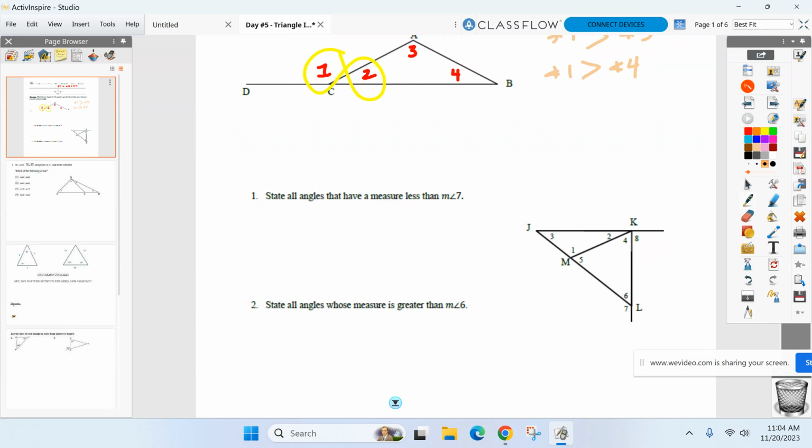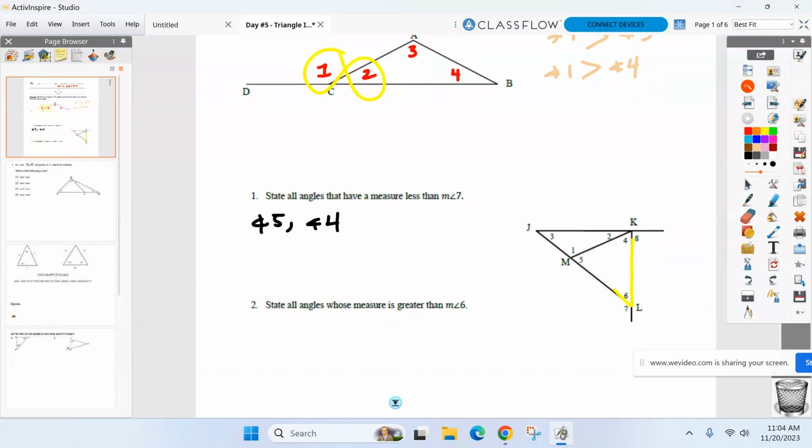All right, let's talk. Angle 7. Exterior angle for triangle MKL? Everyone agrees. 7 is exterior to it, which means, all right, what are the two remote interiors then? It would be angle 5 and angle 4. So 7's got to be bigger than 5 and 4 because those are the two remotes. All good so far.